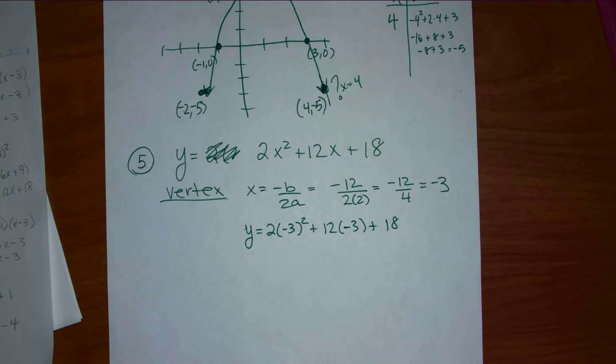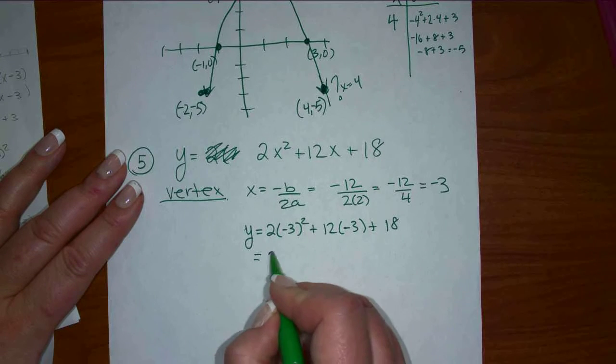But I showed you this in the first class, if not the second class of the whole year, what you do when you're plugging in numbers and the numbers are big and you don't like them. Does anyone remember? The easiest way to deal with it, the 2 does come out, but you can't divide it by 2 because then, what do you do with the 2? Bring it outside.